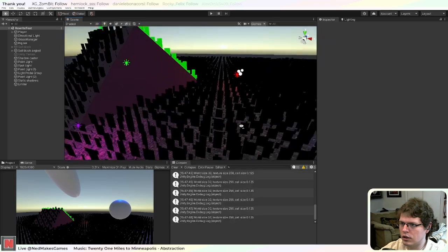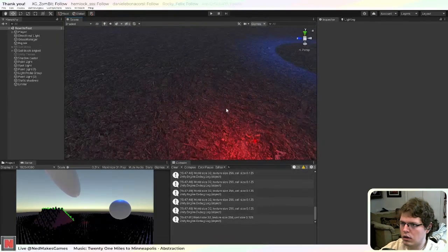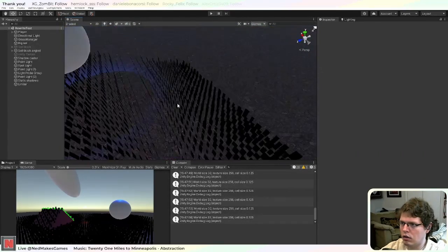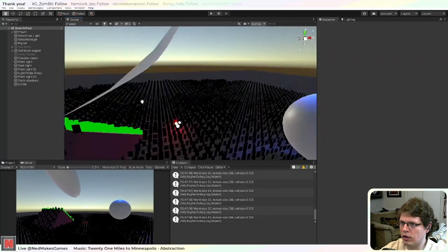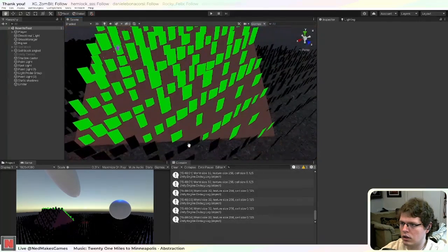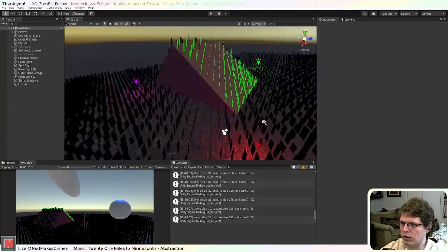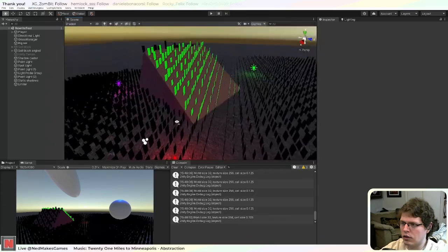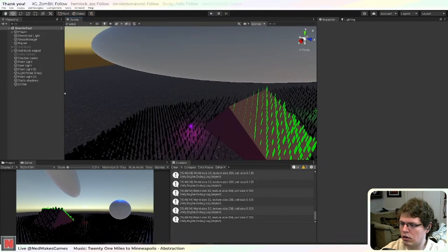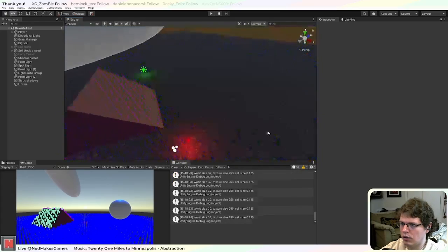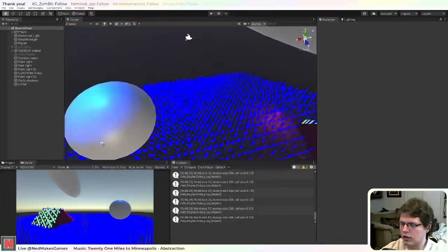Okay, so the bitangent. Well, it's hard to tell because it's black here. So that means it's not Y like I would expect, which is a little strange. Well, okay, actually no, that's not strange. The bitangent for the terrain should be pointing along the Z-axis. So if I set this to negative... Okay, yeah, so it was the negative Z-axis was the bitangent.